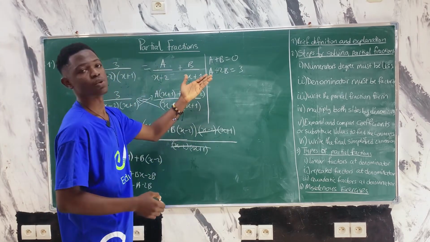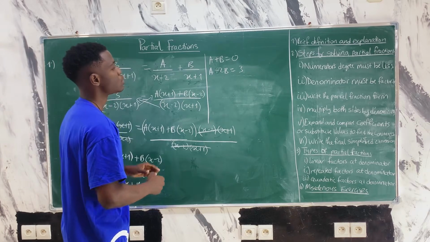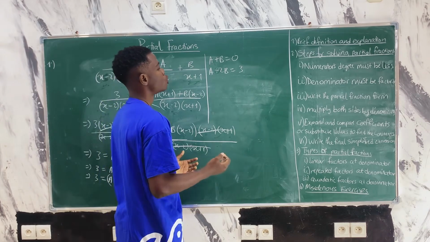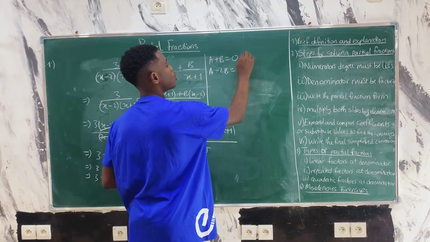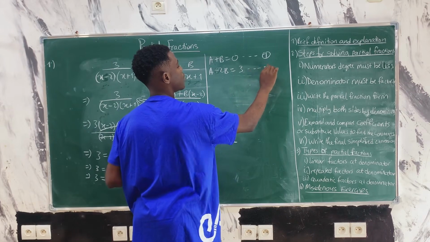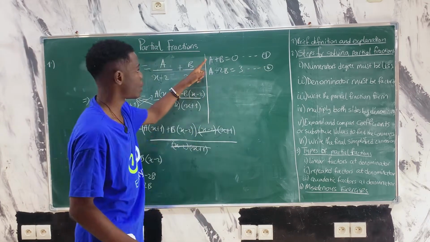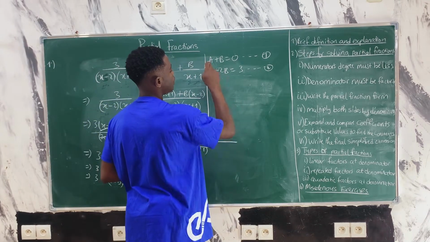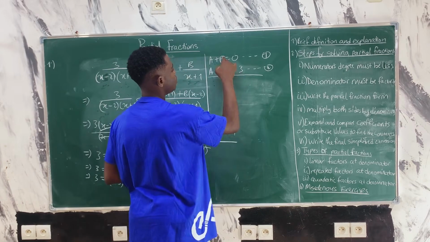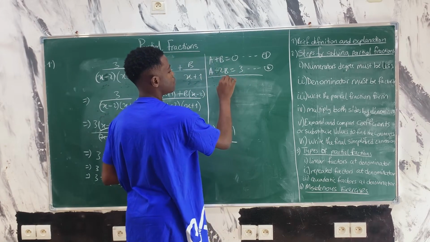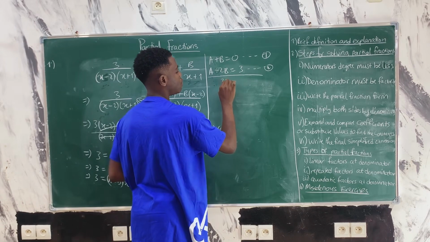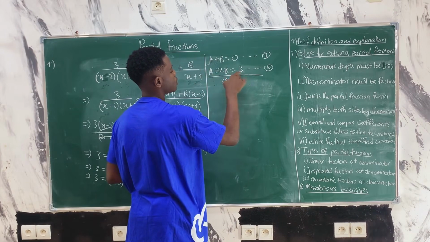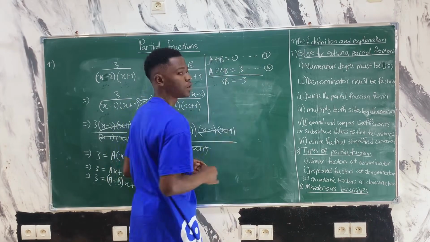So here I have two equations with two unknowns. I can just use any method to solve them. So I can choose to do equation 1 minus equation 2. If I let this be my equation 1 and this be my equation 2, I can choose to do equation 1 minus equation 2. b minus minus 2b, which will be 3b, is equal to 0 minus 3.